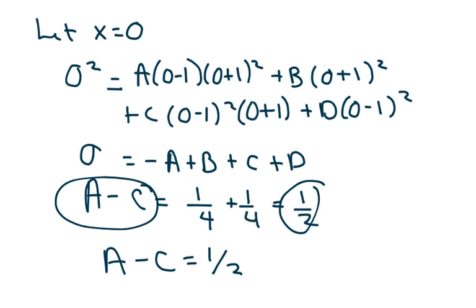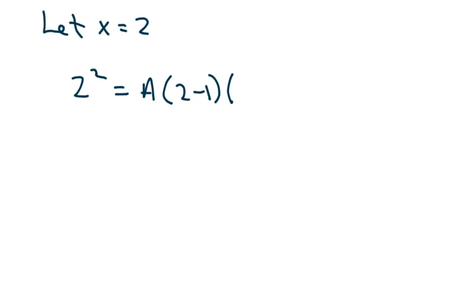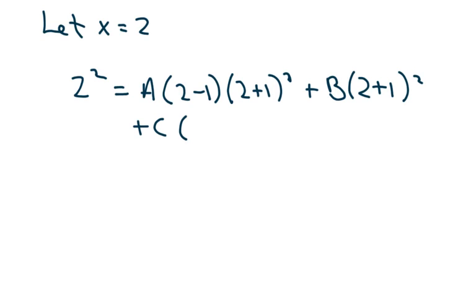So I'm going to go ahead and let x be 2. You let x be 2, you're going to get 2 squared equals A times (2 minus 1)(2 plus 1) squared, plus B times (2 plus 1) squared, plus C times (2 minus 1) squared times (2 plus 1) again, plus D times (2 minus 1) squared.